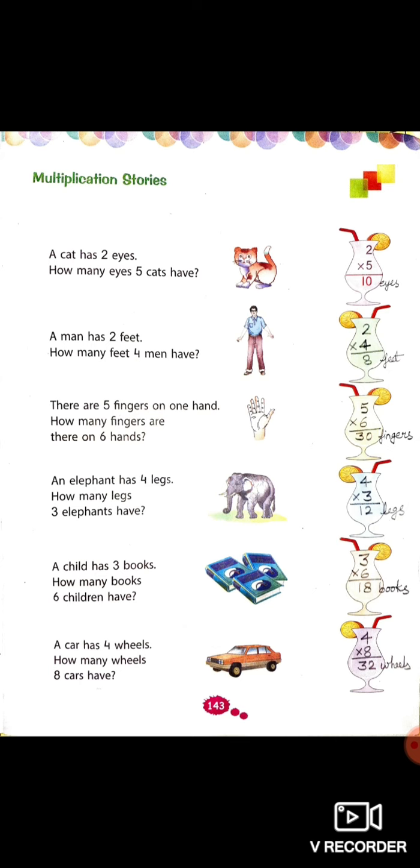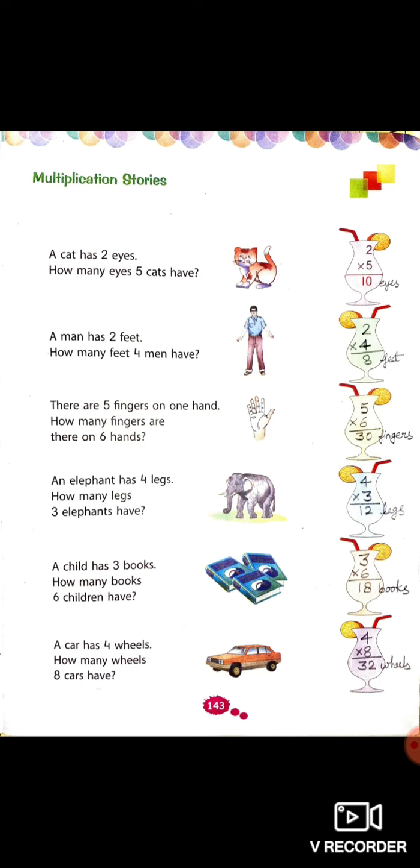How many feet 4 men have? Now this is asked to you. So the information is 2 feet, so you will write 2. Then what is it asking? About 4 men. So you will write 4 below 2, and you will put the symbol of multiplication, that is a cross symbol.